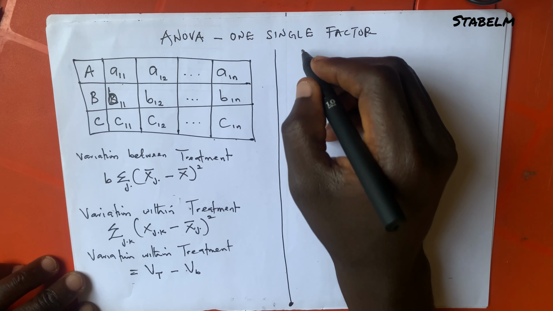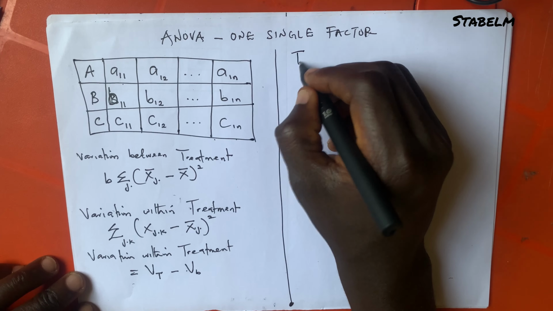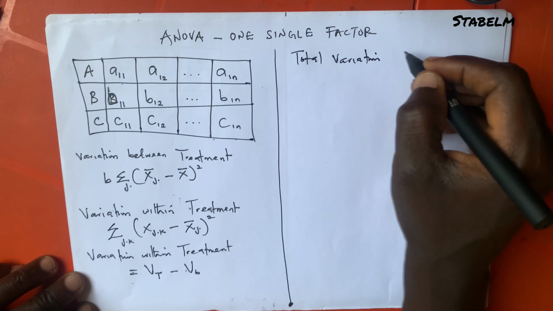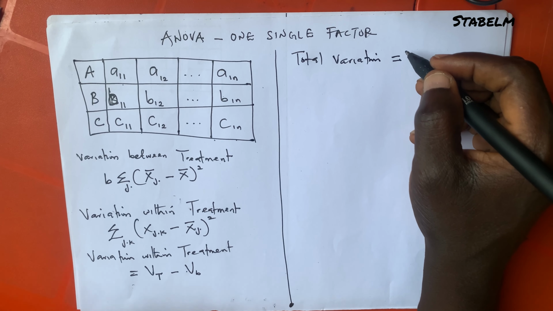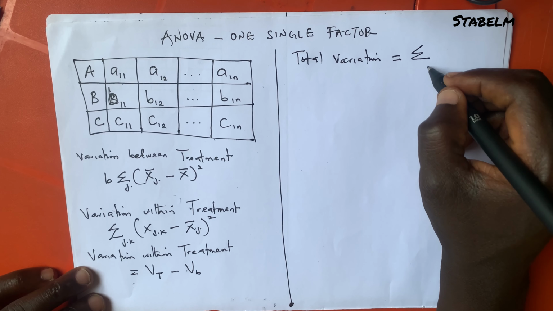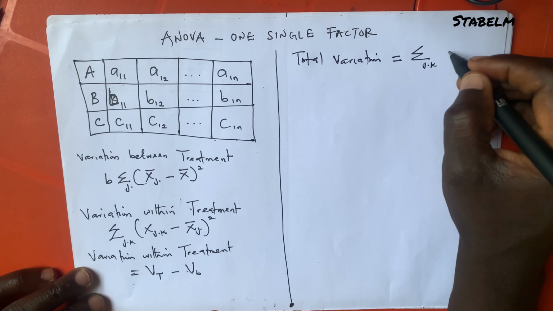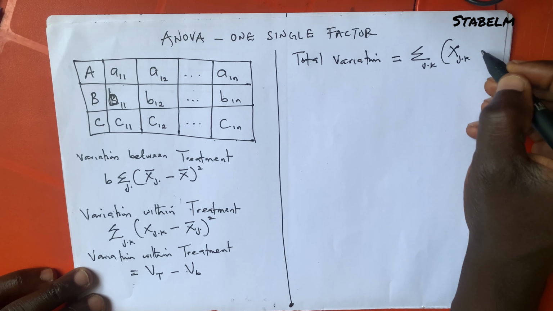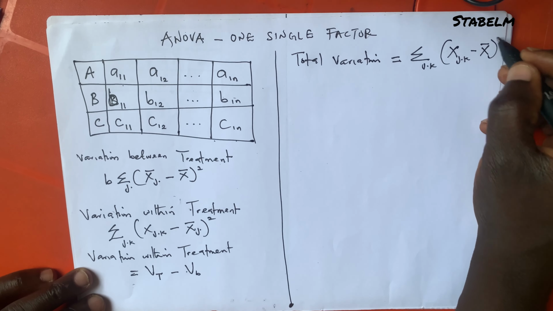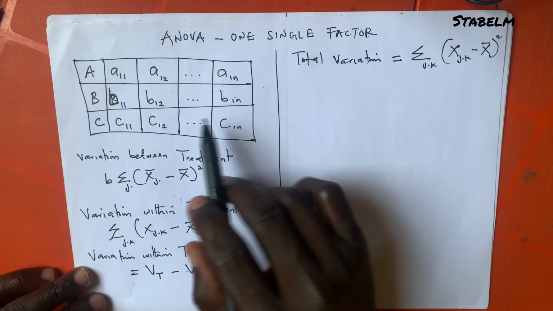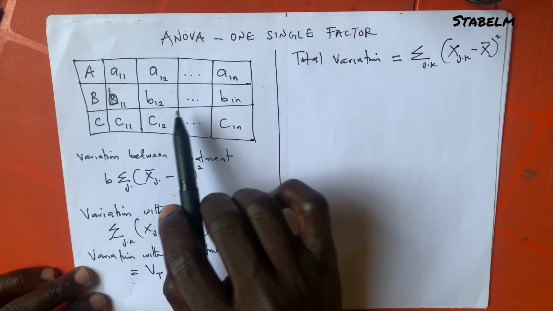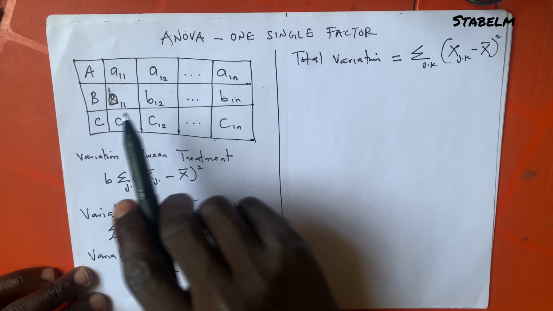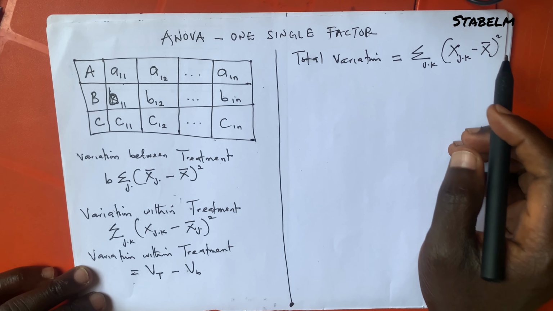All right, then the total variation is given as summation over j, k of the bracket X j k minus X bar, all squared. X bar is the total mean, the mean of all the values here. Now X j k is each value here minus the total mean.